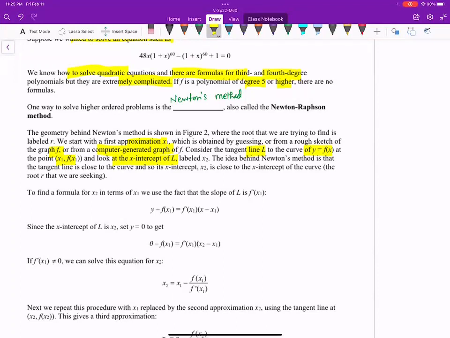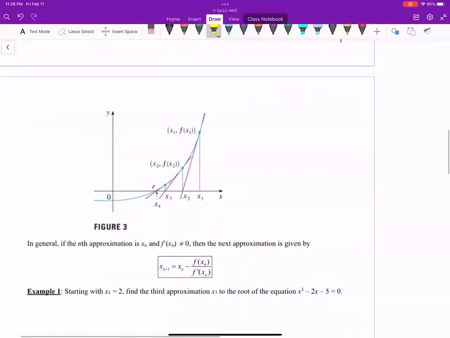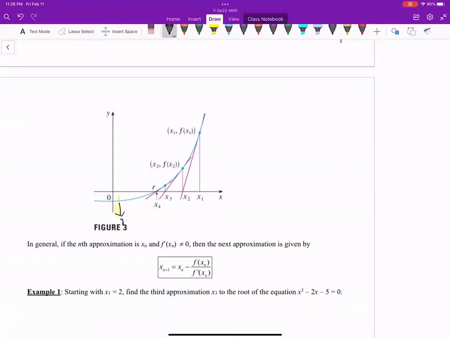The idea behind Newton's method is that the tangent line is close to the curve, and so its x-intercept, x2, is close to the x-intercept of the curve, the root that we are seeking. If you look at this graph, this is y = f(x).